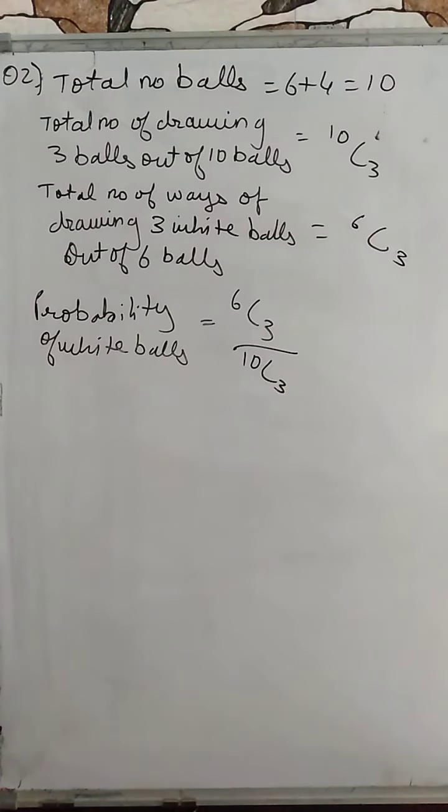Correct? Because it is the number of sample points in event A upon the number of sample points in our sample space S, right? So 6C3 upon 10C3.